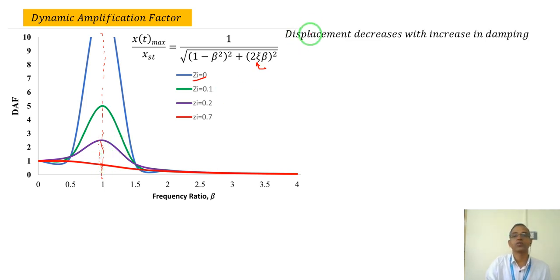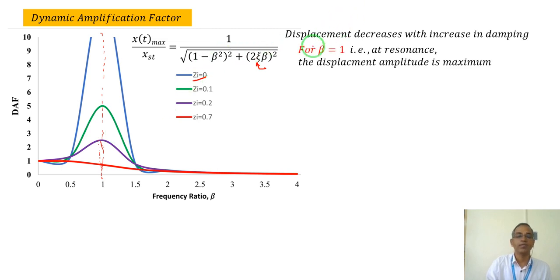What we can observe is that the displacement decreases with an increase in damping. As damping increases, this is 10%, 20%, 70%, the displacement gets reduced. And for beta equal to 1, at this point the displacement amplitude is maximum.